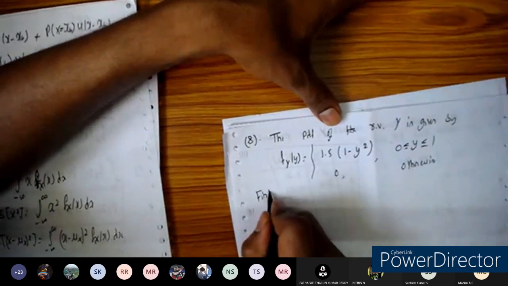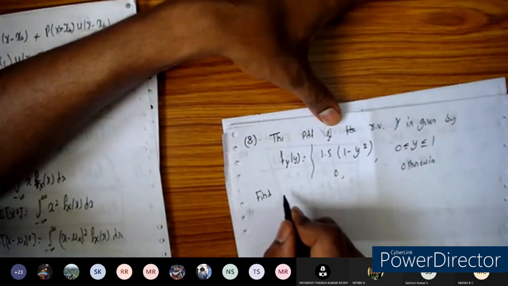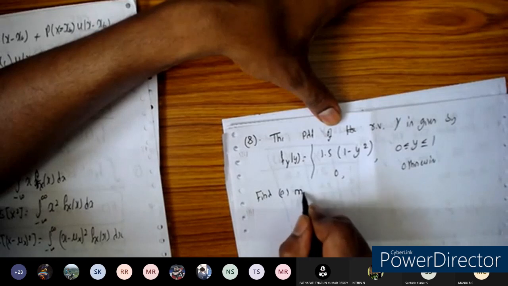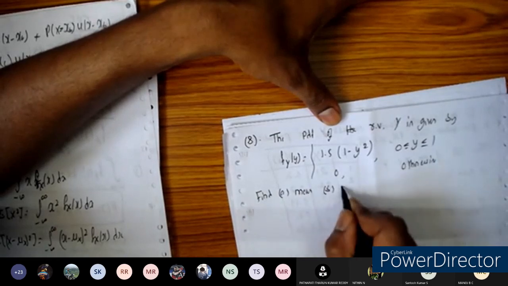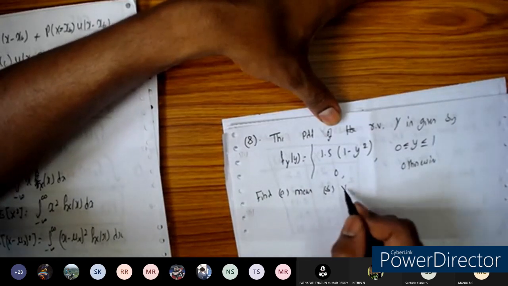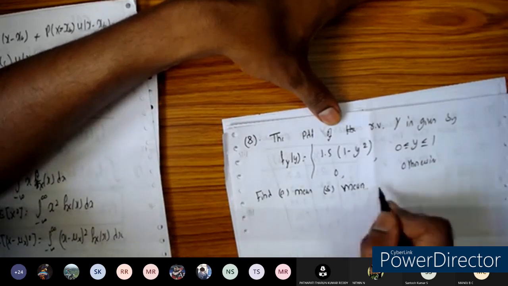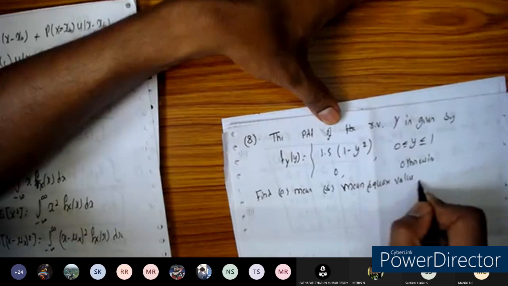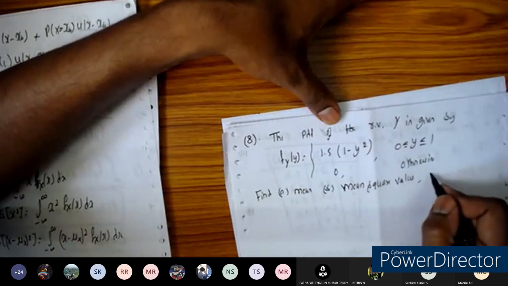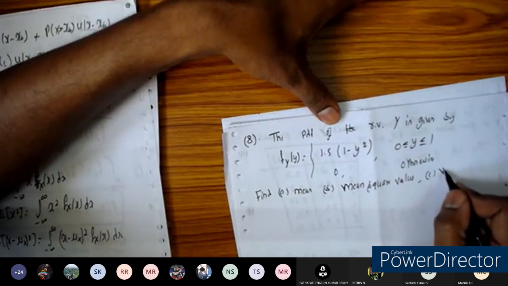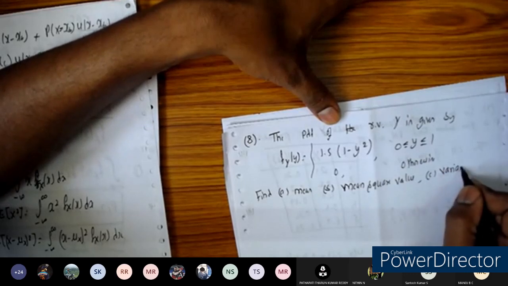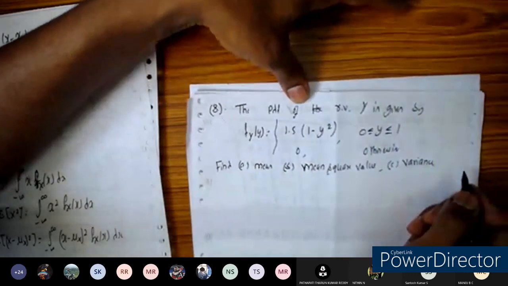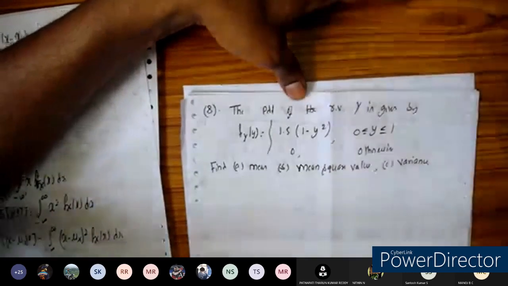Find first the mean, second the mean square value, and next the variance.